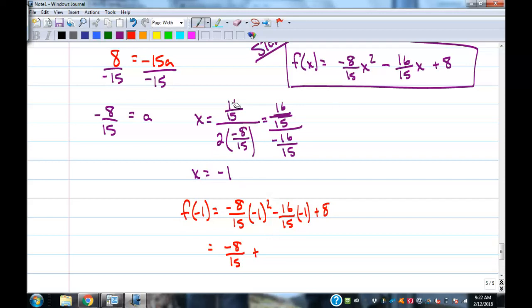Right there. Well, when I square negative 1, it's 1, and 1 times that is just that back. So our y value is 128 over 15.